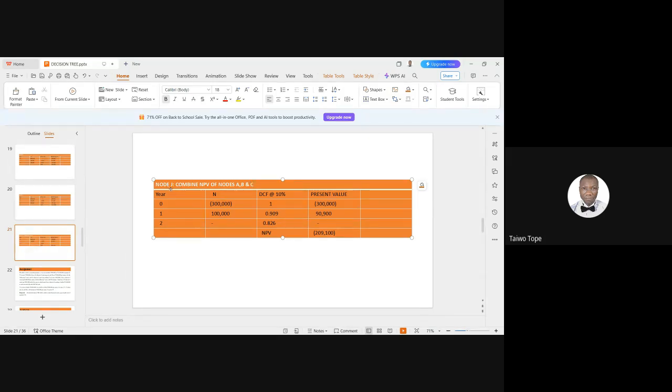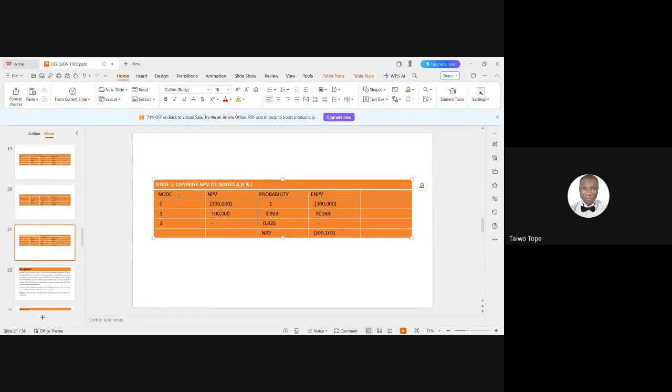So this is no longer here. It is node. And this will be NPV. And this will be what? Probability. And this will be what? Expected net present value. You can write it in full for the first time, so that you will not ask later what is ENPV.